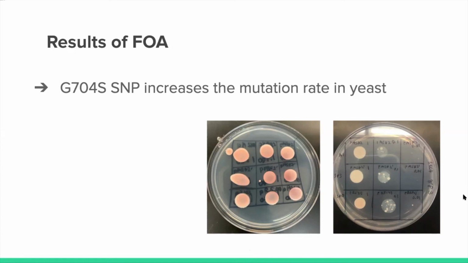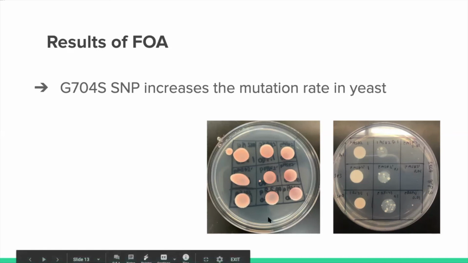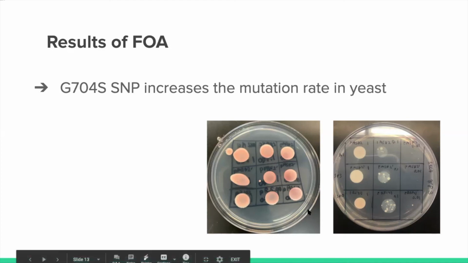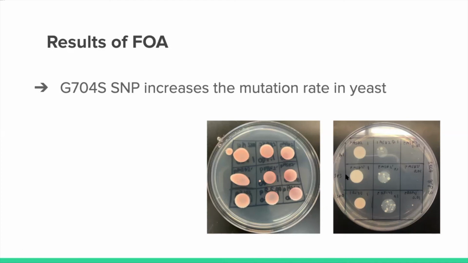So the yeast growth on the plate lacking histidine, tryptophan, and uracil, seen on the left, is evident. We were able to see that our specific SNP increases the mutation rate in yeast, and that's that middle row there, the SP3. That's the sample ID on the right.